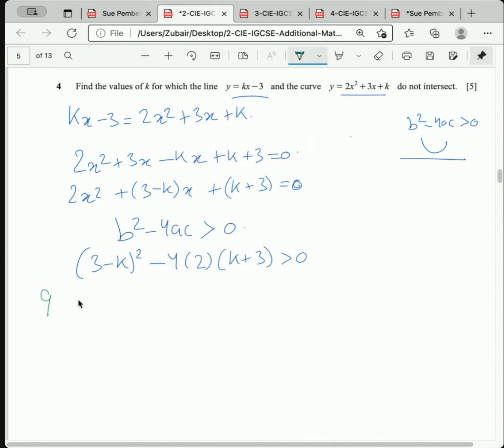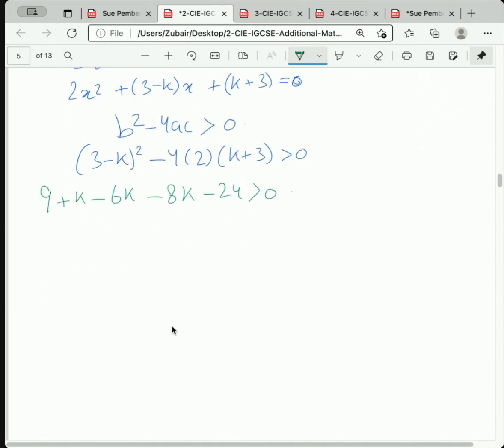A squared plus b squared minus 2ab, minus 8k minus 24 less than 0. And this was squared. 9 minus 24, the difference is 15.